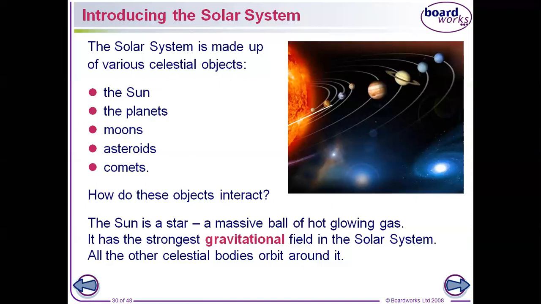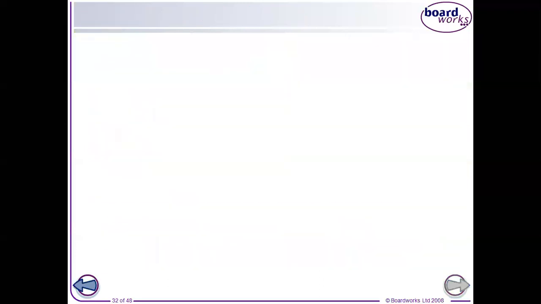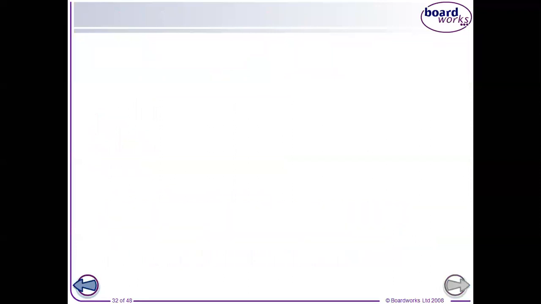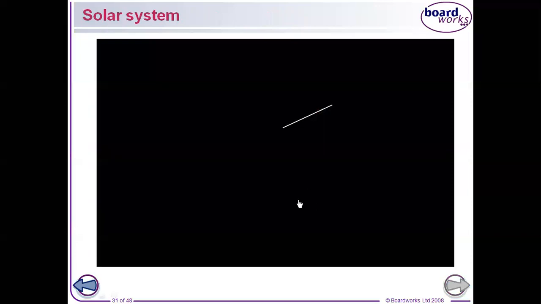They are being forced to orbit, to move around, or to fall around the sun, as the case may be. Now let's go back briefly.